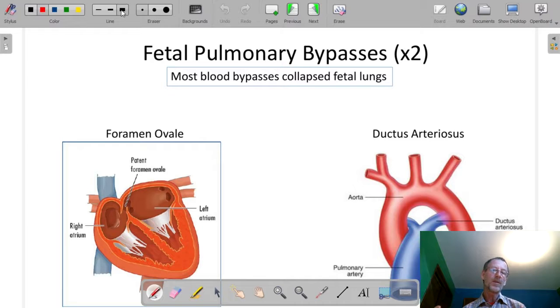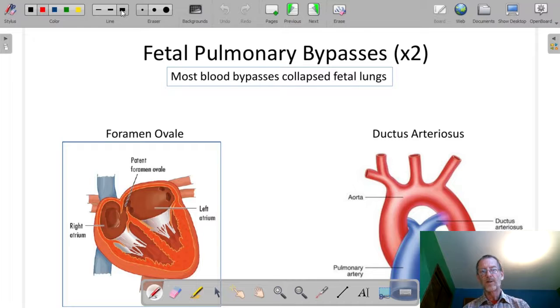So after birth, 100% of the cardiac output flows through the lungs. So if the heart is beating 5 liters per minute, blood flow through the lungs is 5 liters a minute. So 100% of the blood leaving the right ventricle goes through the lungs and it goes back to the left side of the heart.